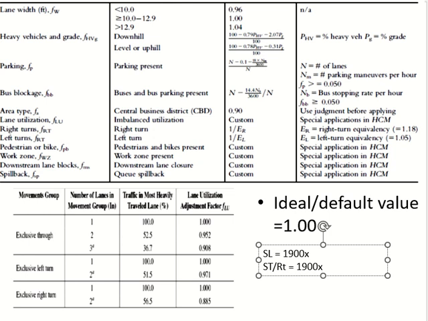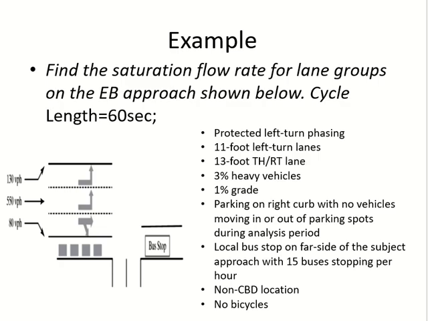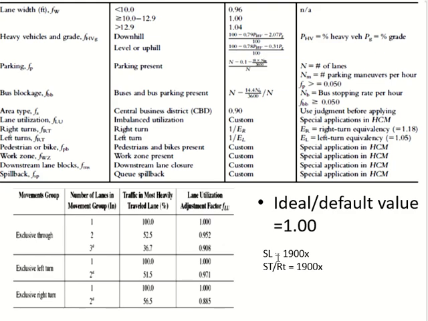Lane width adjustment factor: left turning 11 and the other one 13. So for left turning, 11 is in this range, so the factor is 1. For the other lane, it is 13, so it's in this range, so 1.04.